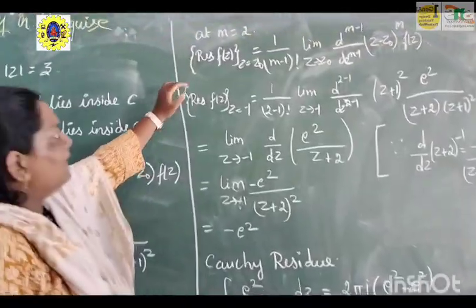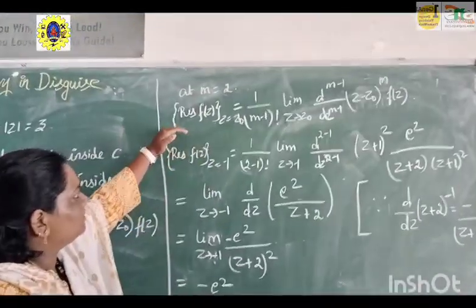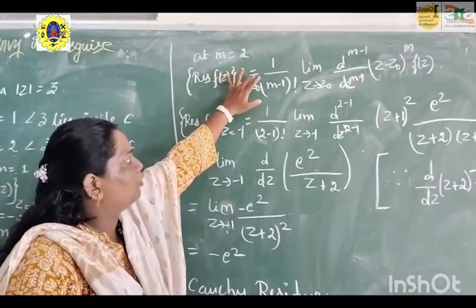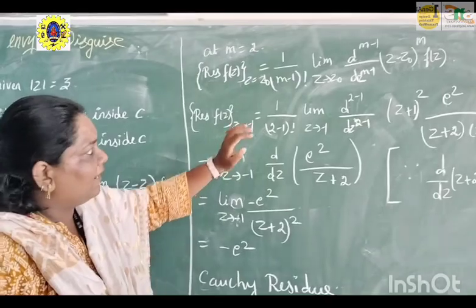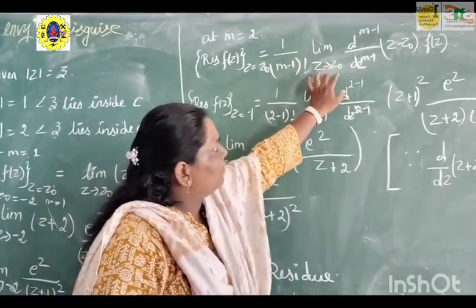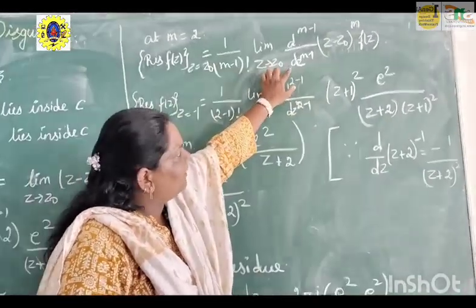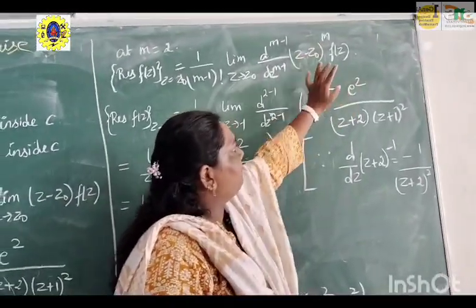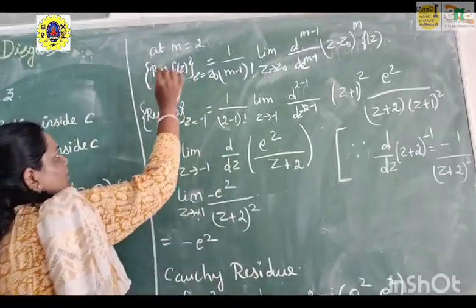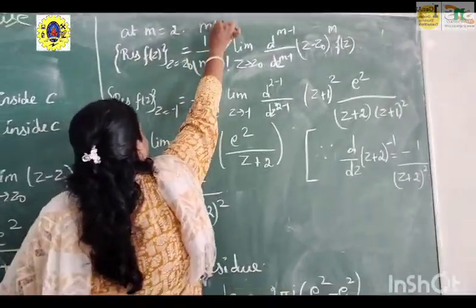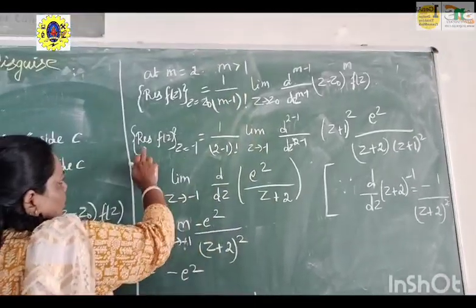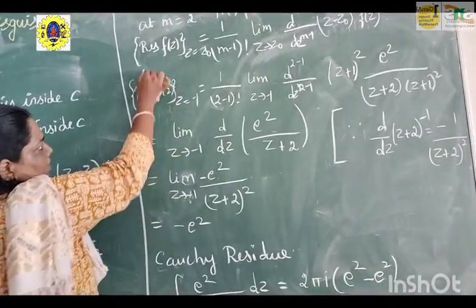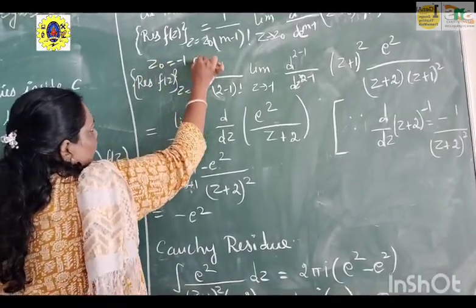Next, at m equal to 2, the formula for the residue, for m greater than 1, is: residue of f(z) at z0 equals 1 divided by (m minus 1) factorial times the limit as z tends to z0 of d^(m-1)/dz^(m-1) of (z minus z0)^m times f(z). Here z0 is minus 1 and m is 2.